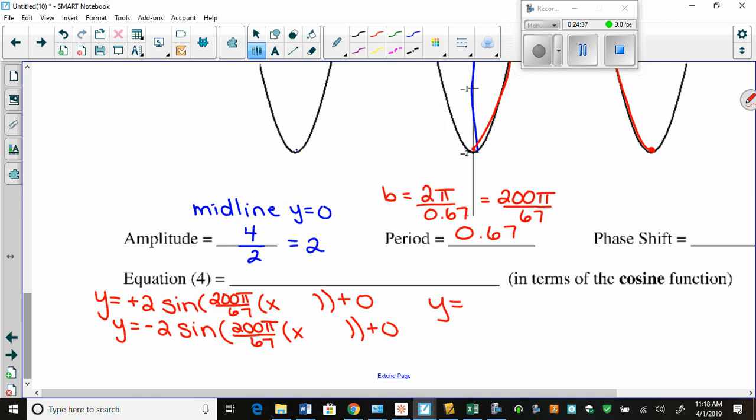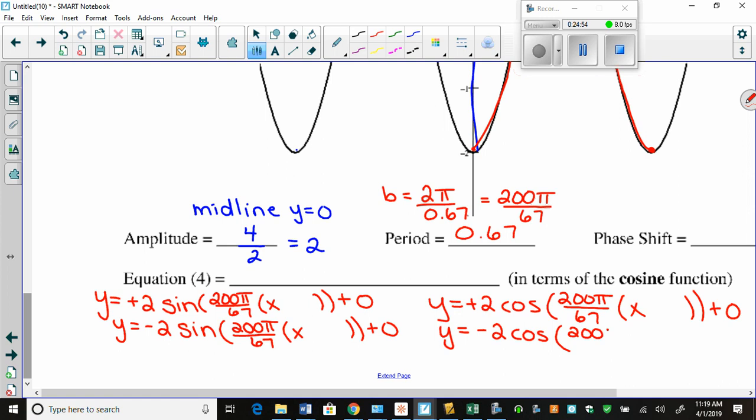Y equals positive 2 cos 200 pi over 67 x something plus 0. Y equals negative 2 cos 200 pi over 67 x plus 0.